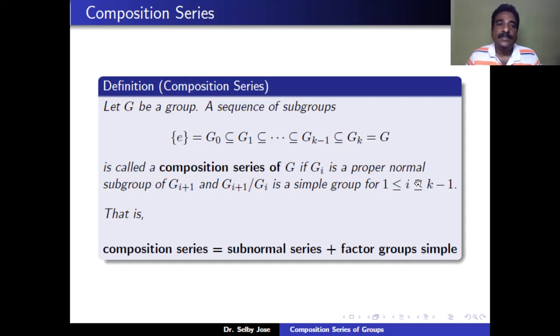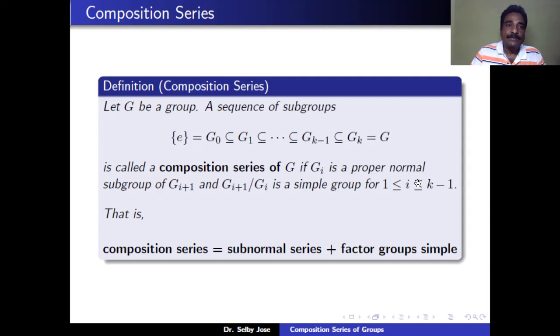That means this series is a subnormal series and Gi plus 1 mod Gi is a simple group. That means the factor group is a simple group. So a sequence of subgroups is said to be a composition series if that series is a subnormal series and all factor groups are simple.